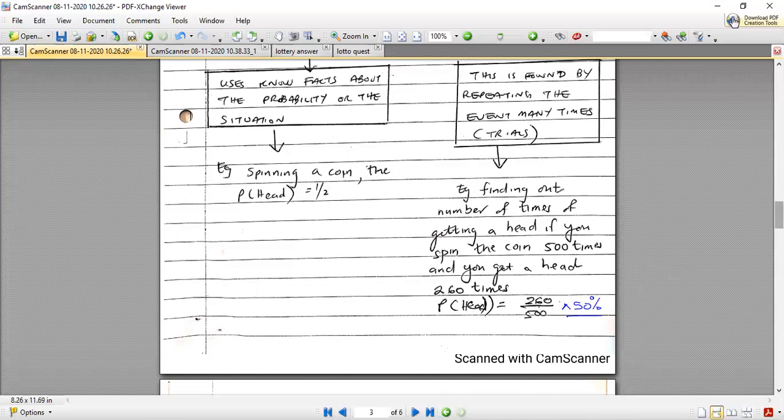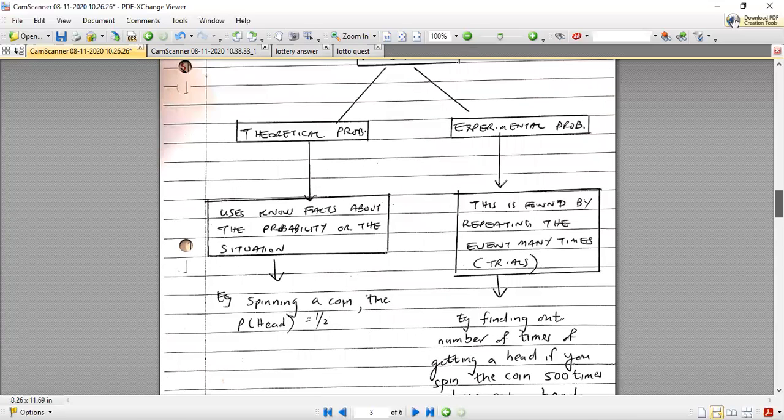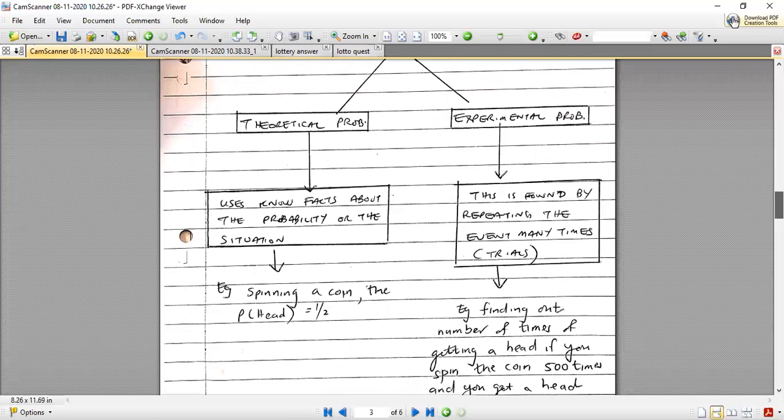So that is the difference when we talk about theoretical probability and experimental probability. You would see an example where we have experimental trials taking place. Sometimes they do over 1,000 trials to see what is the outcome of that probability. And the more trials you do, the closer you would get to the theoretical probability answer.